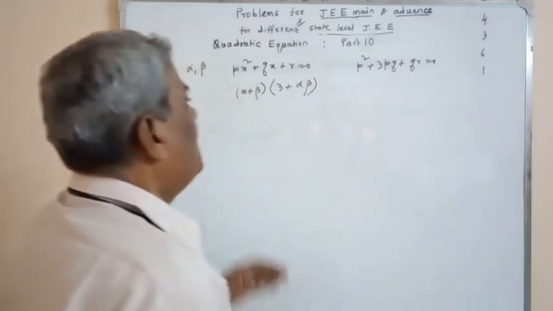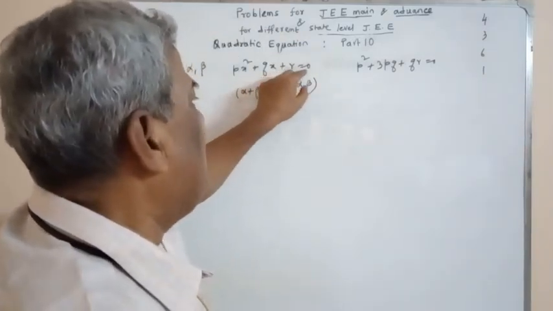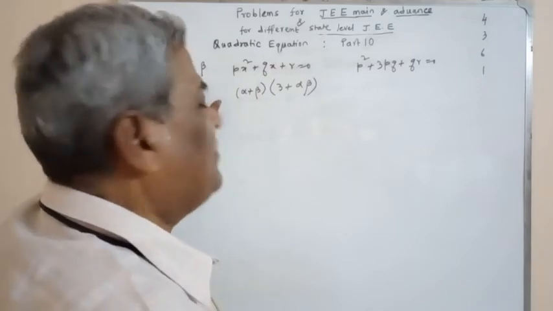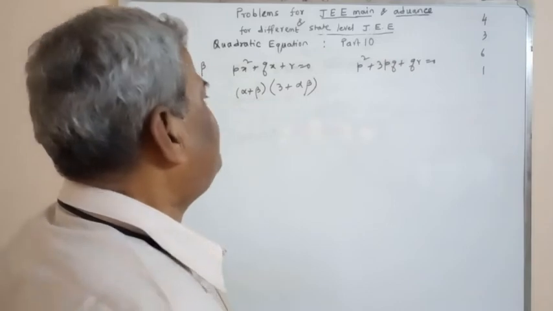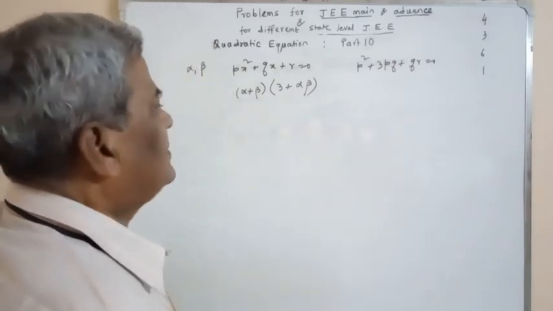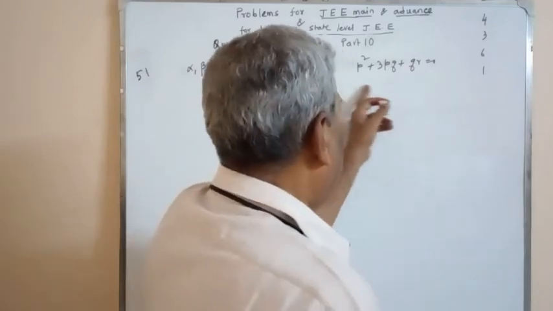Here, one quadratic equation is given, px square plus qx plus r is equal to 0, and alpha, beta are its roots. Then we need the value of that. One more thing is also given.